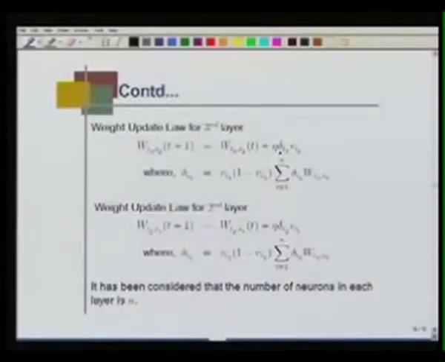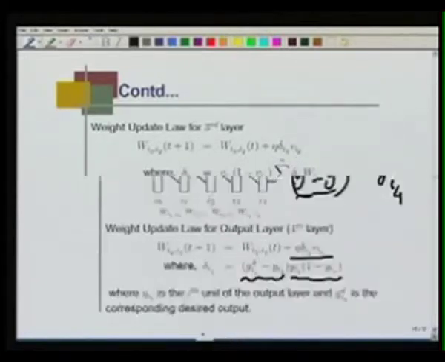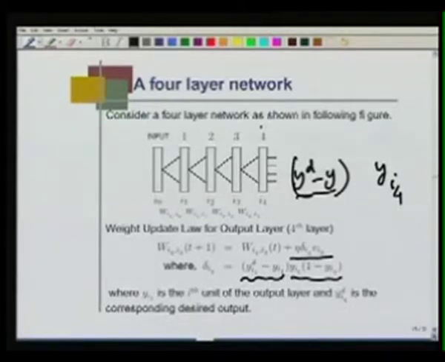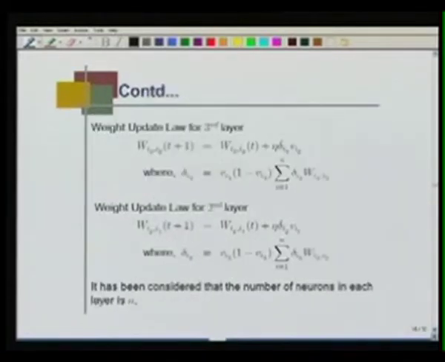And then the third layer, similarly, eta delta_i3 V_i2. So this is my delta_i4 here. This is delta_i3, delta_i2, and delta_i1. So I computed delta_i4. Based on delta_i4, I can compute delta_i3. So this is what I will do.